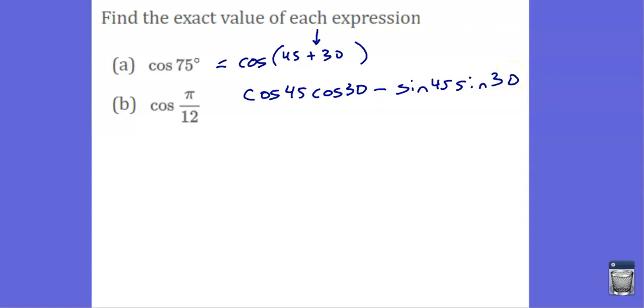Cosine of 45 is square root of 2 over 2, and this is being multiplied by cosine of 30. By the way, I want the exact value. The cosine of 30 is the square root of 3 over 2, which gives us the square root of 6 over 4.